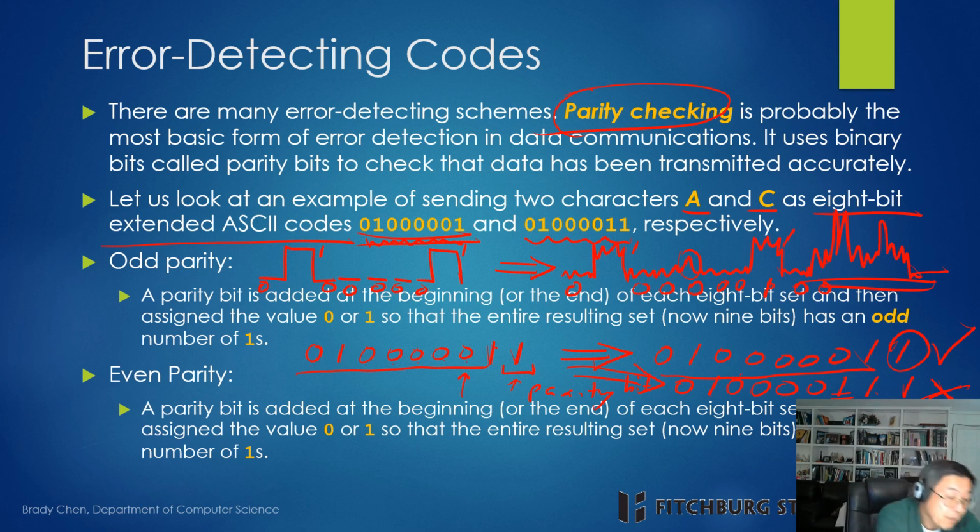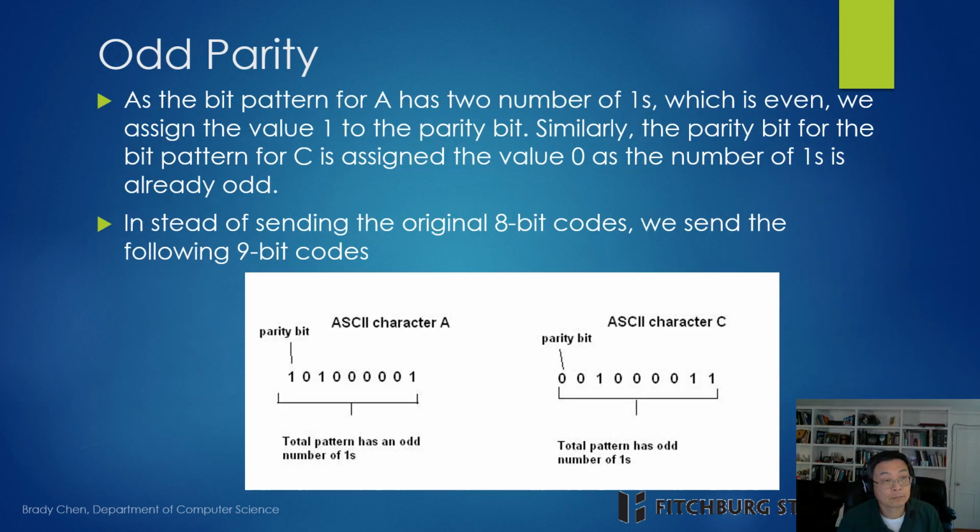Now using even parity, a parity bit is added at the beginning or the end of each 8-bit set, and then assigned the value 0 or 1 so that the entire resulting set has an even number of ones. So you can use either odd parity or even parity. Either one is going to work. We're going to discuss this even more.